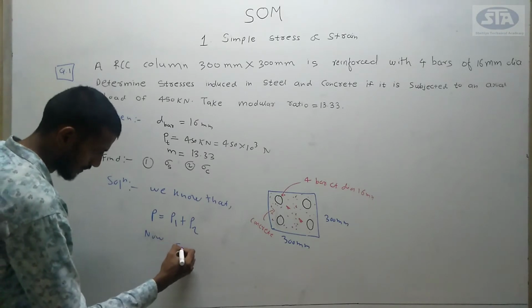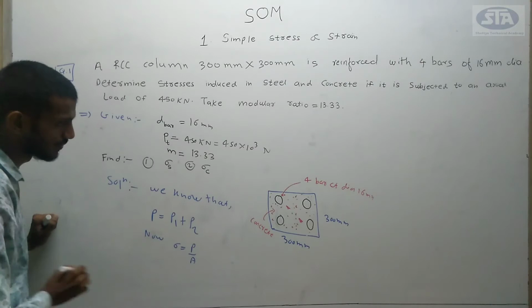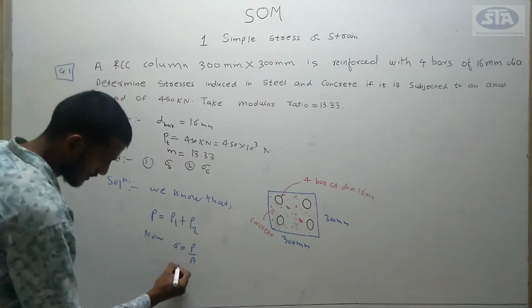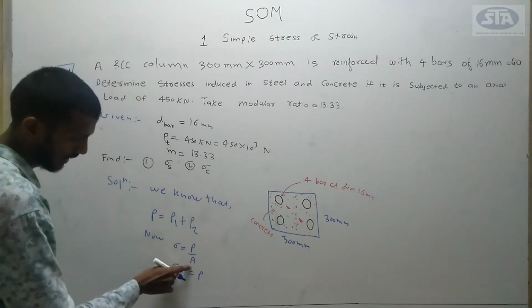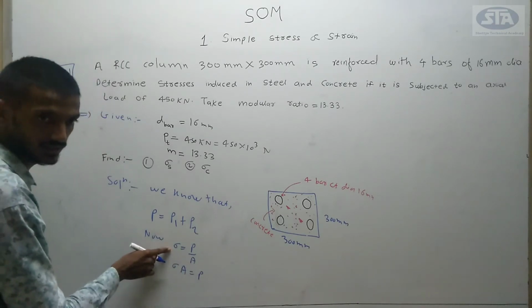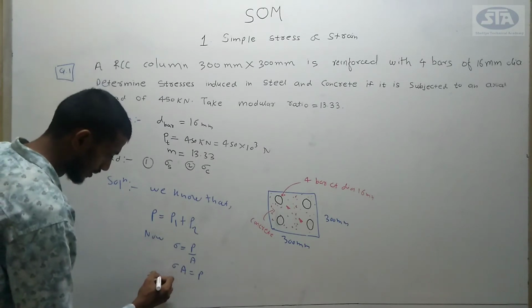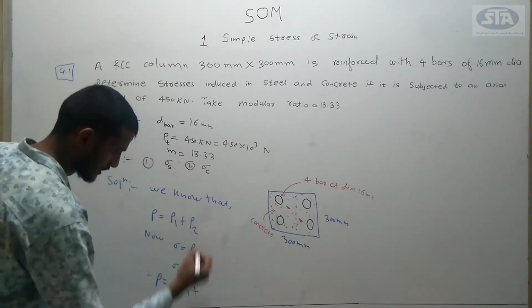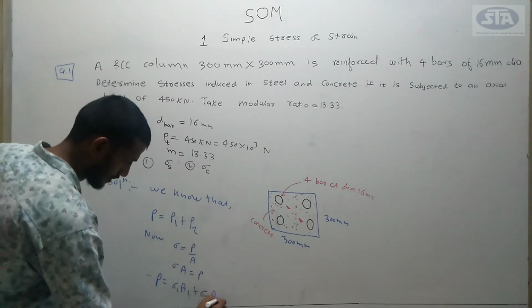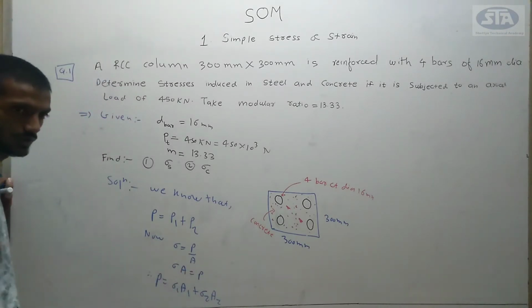We know sigma is equal to force upon area, so sigma into A is equal to P. Shifting A to the left-hand side, P is equal to sigma into A. Hence, for section number 1 we have sigma 1 A1, plus for section number 2, sigma 2 A2.